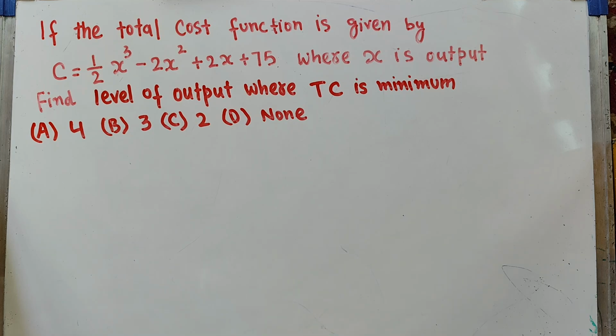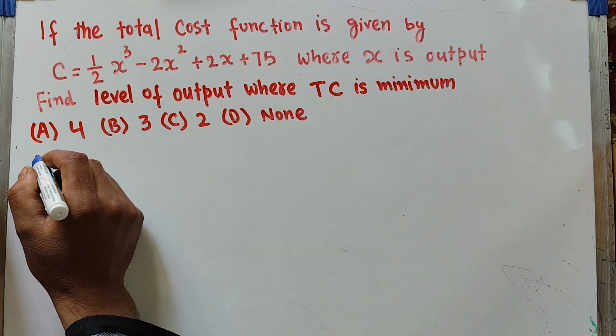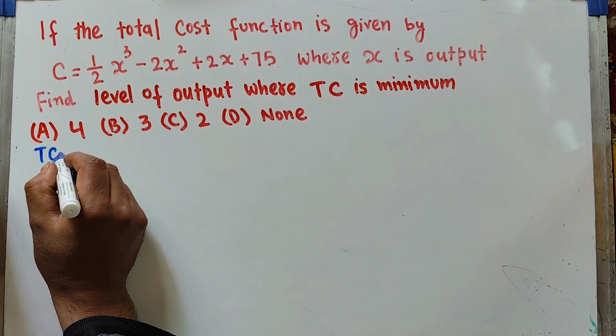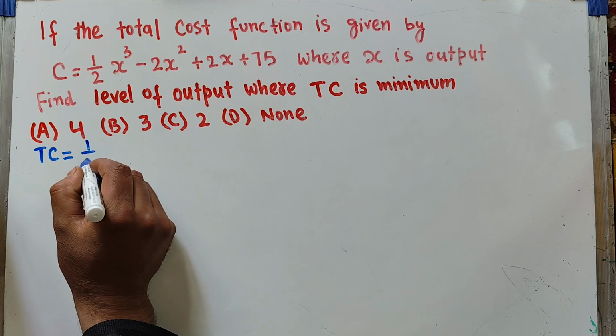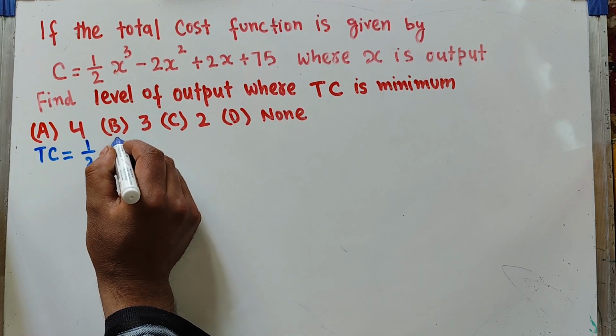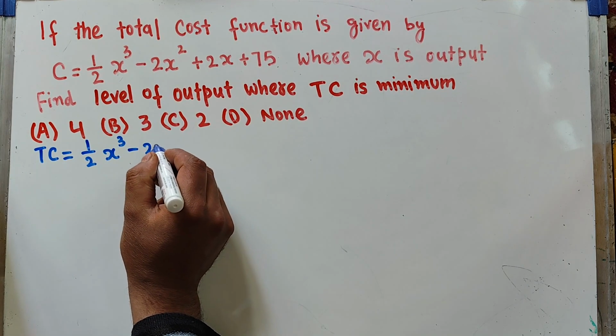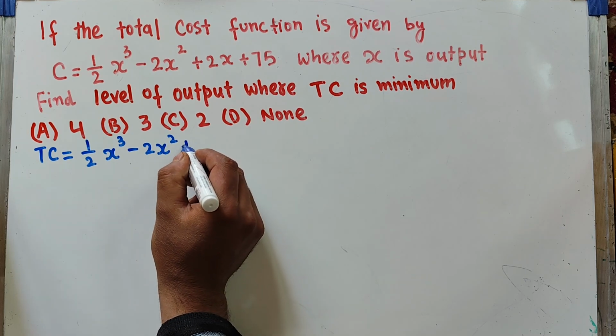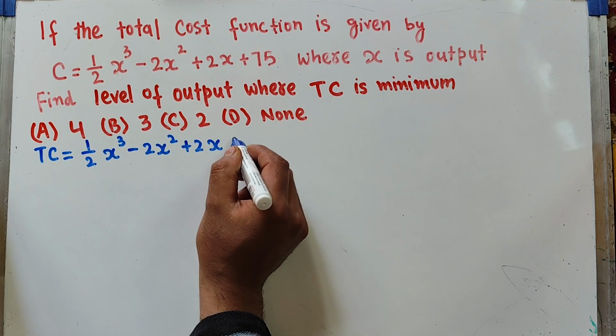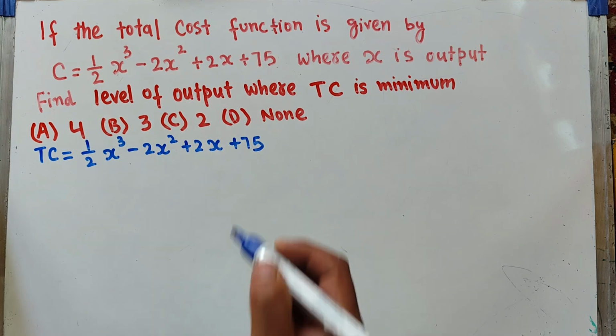Okay, so let's write what we are being given. We are being given the total cost function is 1/2 x cube minus 2x square plus 2x plus 75. This is our total cost function.